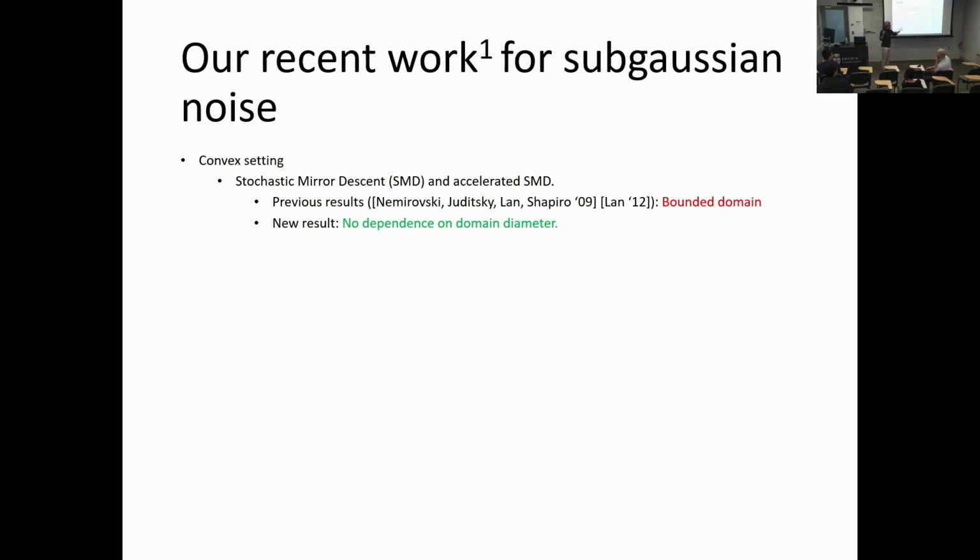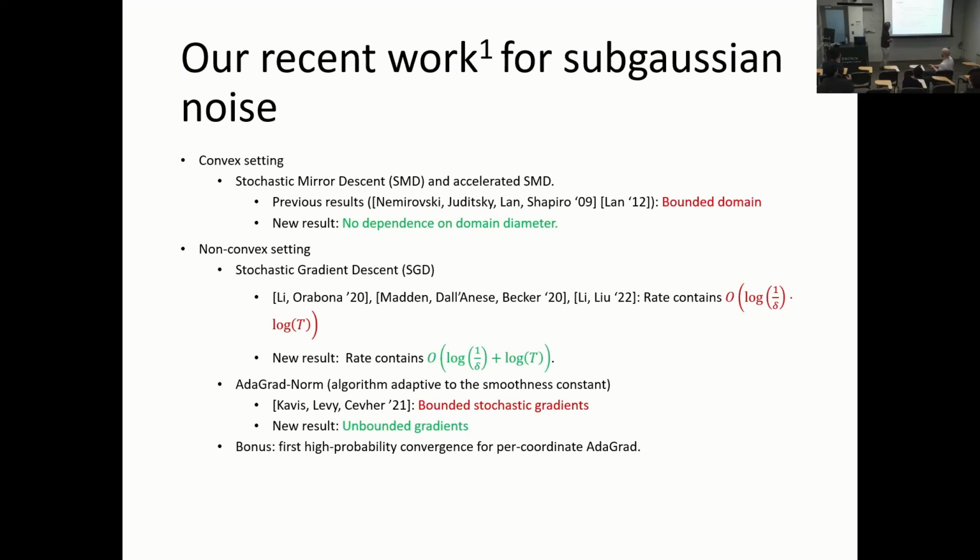If you recall, the results for in-expectation do not care about the diameter of the domain. In fact, you want to exploit the initialization, the distance between the original solution and the optimum. So if you have a really great initialization, you want to converge faster. And this kind of bound, depending on the diameter of the domain, does not capture that. So instead, we get a bound that is similar to the in-expectation bound. You don't care about the diameter, you care about the initial distance.